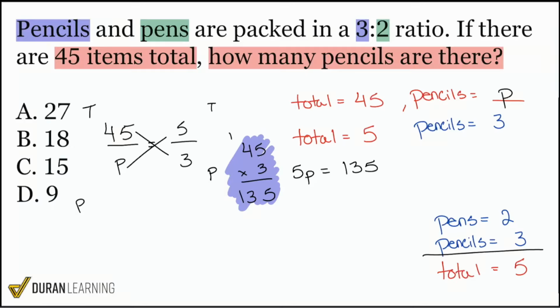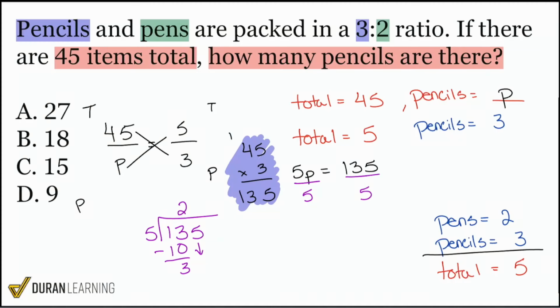Now, lastly here, we're going to do the second part of cross multiplication, which is going to be division. So divide by 5 on the left, divide by 5 on the right. And now we'll take a moment to do some long division here. So 5 going into 135. 5 goes into 13 twice. We'll subtract 5 times 2, which is 10. 3 left over.